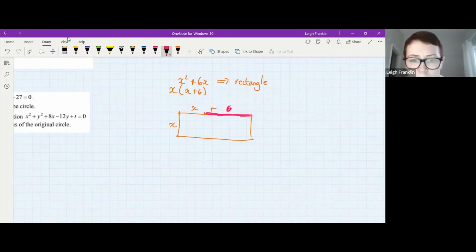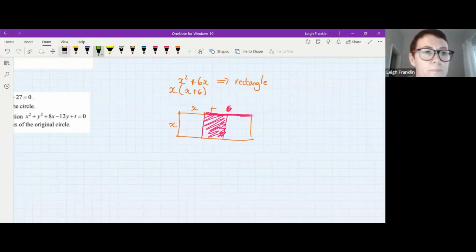What I'm going to do is cut it in half. Now I have something that is 3 units long, something that is 3 units long, and another thing that is 3 units long.